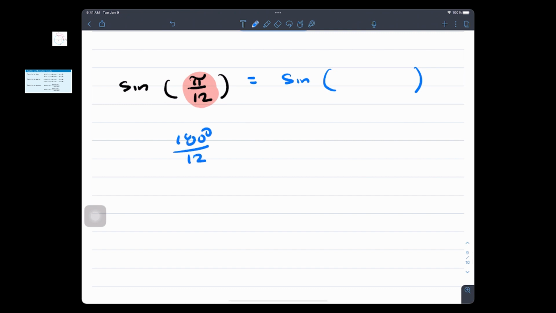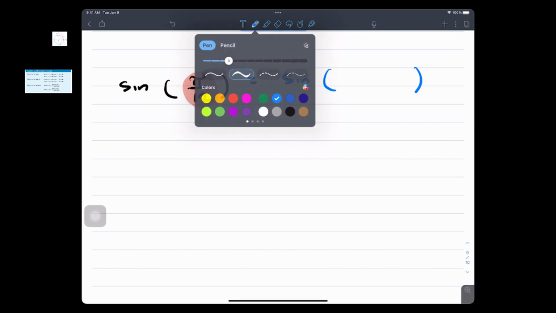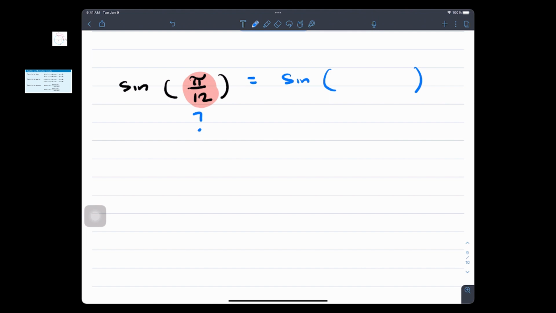Is that 180 divided by 12? What's that 180 divided by 12? Am I awake yet? Can I divide 180 with 12? Oh, man. Anyway. I don't know. Let's have you guys think about that. What would you do with this one here? Because we're out of time. It's in your book, but we're out of time.